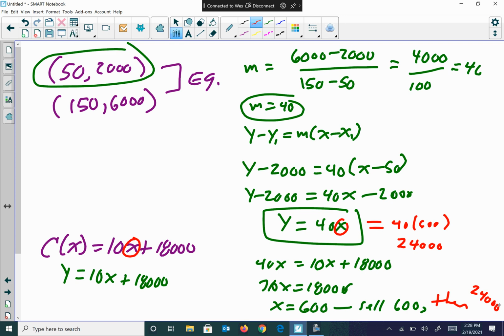Right under the 40x equals 10x, oh, I subtracted 10x, okay, so then it'd be a 30x. Sorry about that. So if I sell 600 items, I make $24,000. That's my break even for this particular situation.